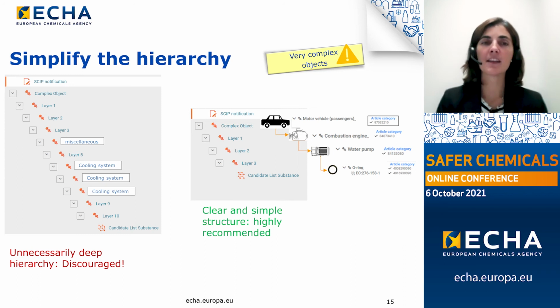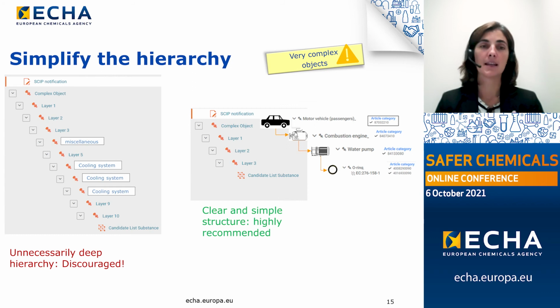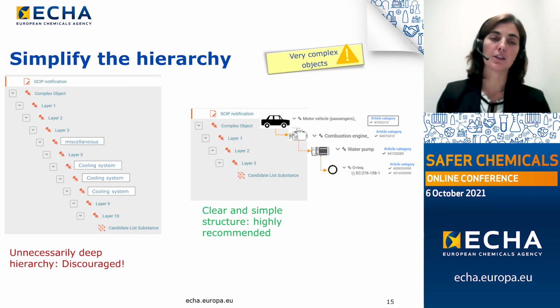These hierarchies sometimes are very complex for the users to understand where the substance of very high concern is located. It is very difficult to move through the different layers. This complexity doesn't support better understanding of the article. For example, here you can see that in some cases there are layers created with meaningless data, like miscellaneous, or there are layers created with the same article name and article category without adding any additional data, but just more complexity to the whole notification.